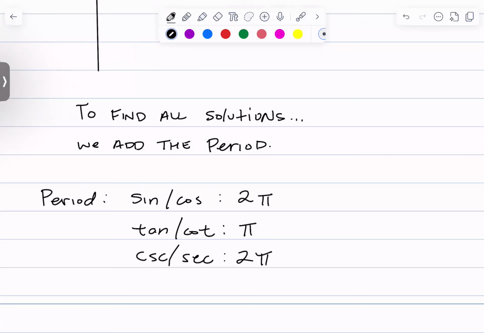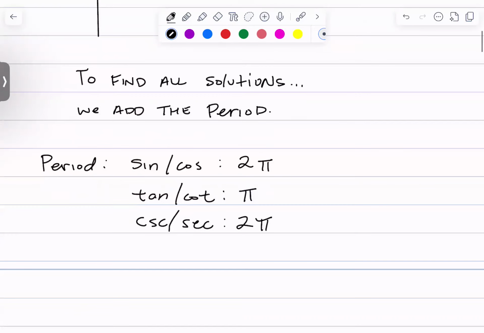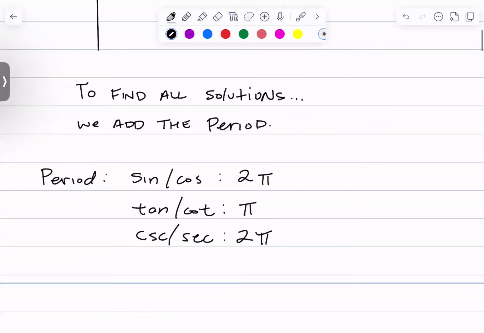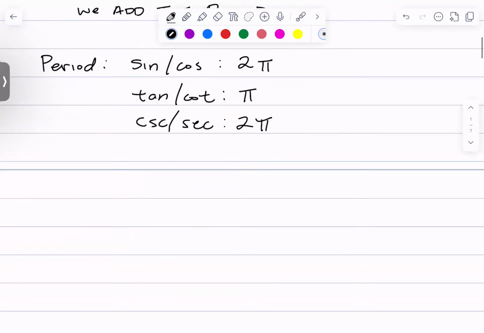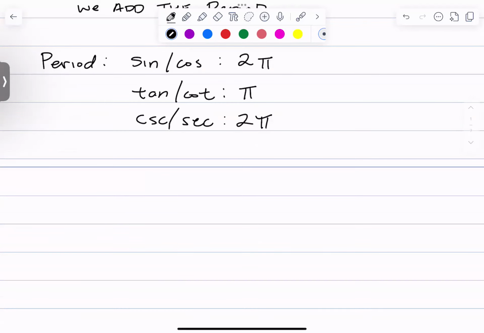Okay. Just for review. So I don't expect you to always add 2 pi to your answer over and over to get all the solutions, right? You're going to sit there forever if you're going to get the exact values.